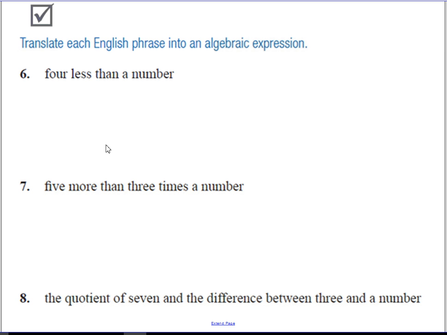even though we know order doesn't matter in addition. So for example, 2 plus 3 is 5 and 3 plus 2 is 5. But since we're translating, we need to make sure we're following what the words say. And as I mentioned before with the less than, more than means we have to add 5 to something that we're starting with.